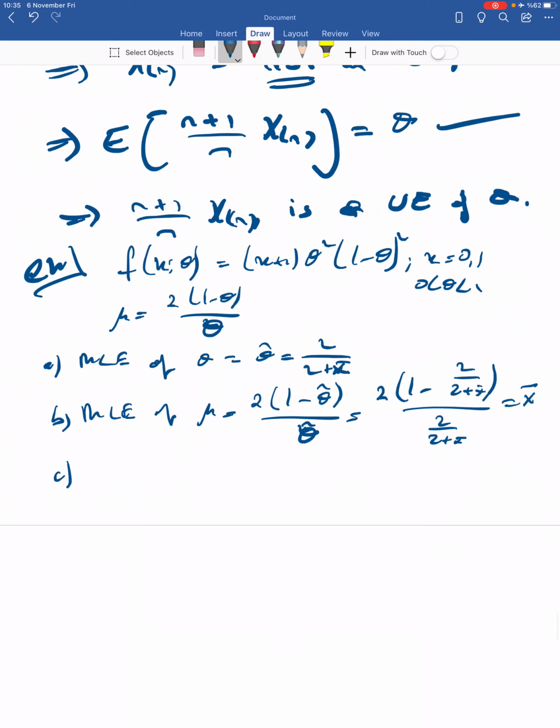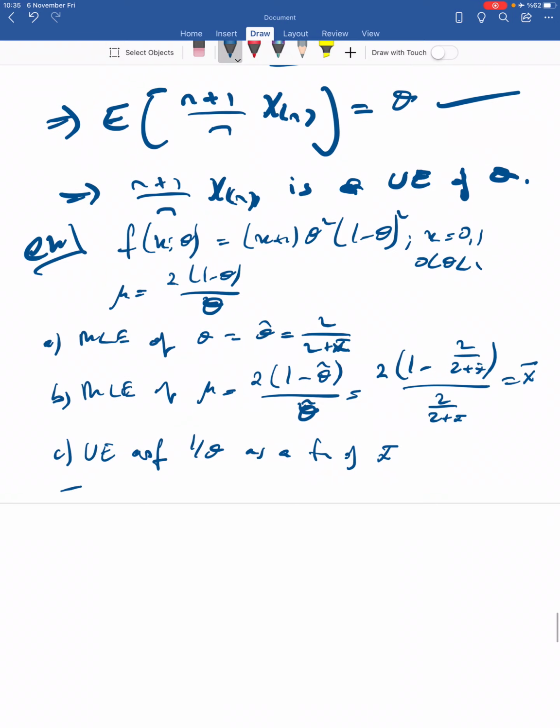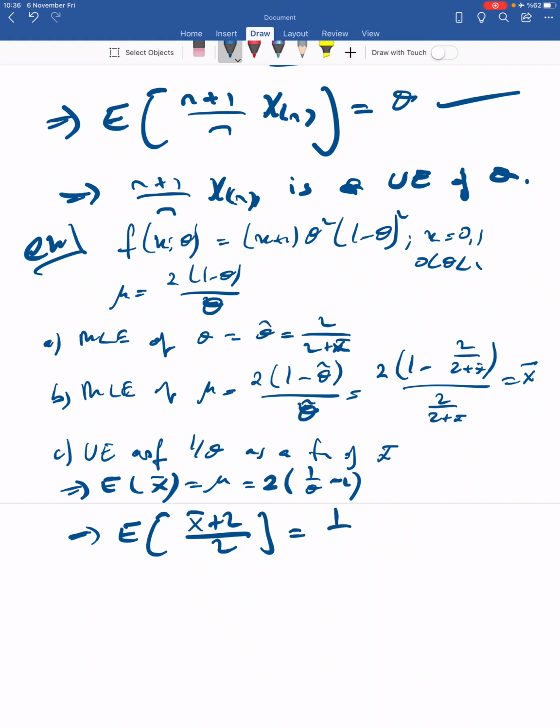C. Let's find an unbiased estimator of 1 over theta as a function of x bar. When we check the expected value of x bar, we know that it's mu, right? So we can write mu as 2 times (1 over theta minus 1). If we want to keep 1 over theta alone, write the equation like that, and we will get 1 over theta.